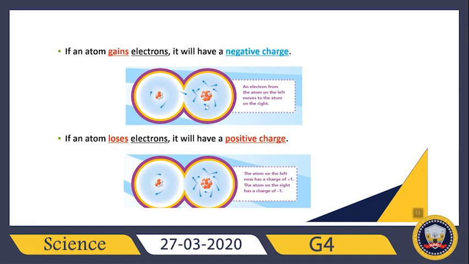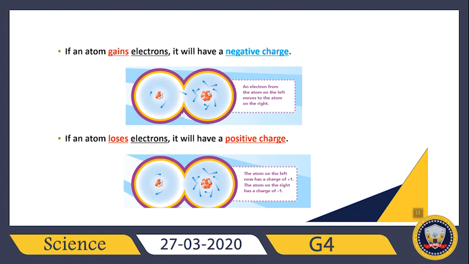So the atom on the right side becomes negative, while the one on the left side becomes positive. The atom on the left now has a charge of positive 1, an extra proton. The atom on the right has a charge of negative 1, an extra electron.